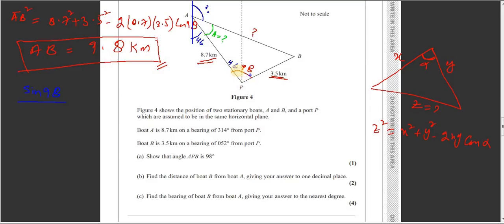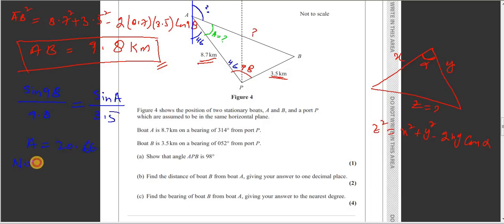The 98 degrees is the total angle, so its opposite side is AB, and we have found the distance AB. So sine of 98 divided by 9.8 equals sine of angle A divided by its opposite side, 3.5. Now you have all the three numbers. You can make sine A the subject and take sine inverse. If you do that, angle A would be equal to 20.66. This is angle A.